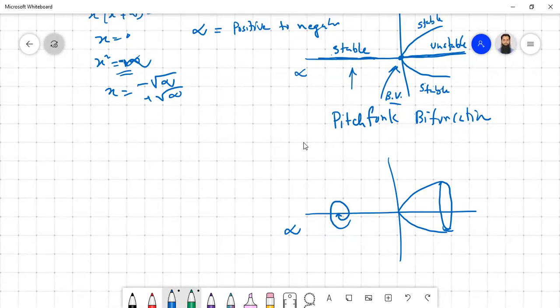But if anything is generated here, it will eventually reach the limit cycle. The circular thing is called the limit cycle. Anything generated in between will eventually go to the limit cycle, a pure oscillation. This kind of bifurcation is known as Hopf bifurcation.